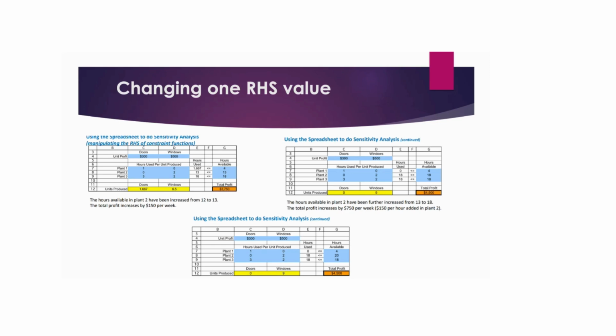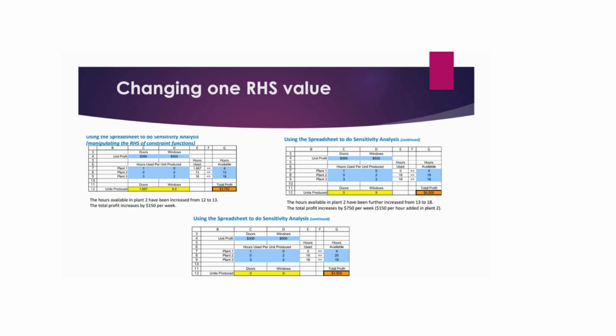We will look at the functional constraints of the spreadsheet, and they are found in the middle. So there you have hours used and hours available. We will focus on the hours available, wherein you have plant 1, 4 hours, plant 2, 12 hours, and plant 3, 18 hours.